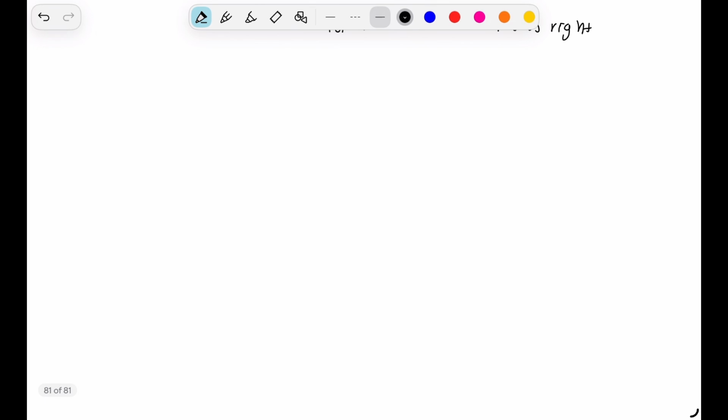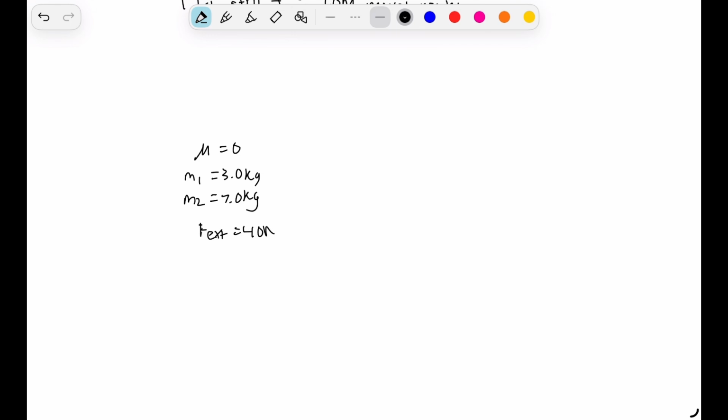What about acceleration? Let's say we have two objects on a frictionless surface. M1 equals 3.0 kilograms. M2 equals 7.0 kilograms. Let's say an external force of 40 newtons pulls M1 to the right.